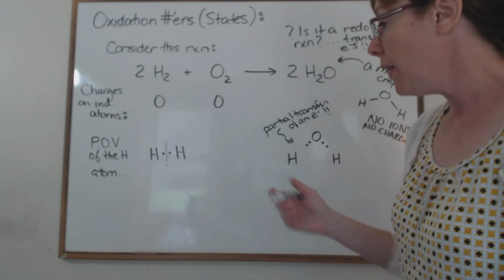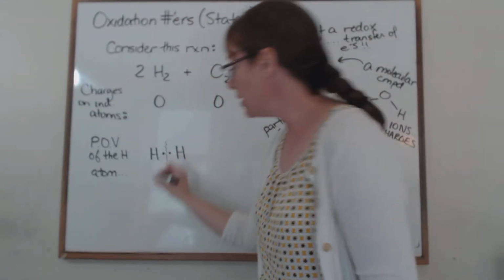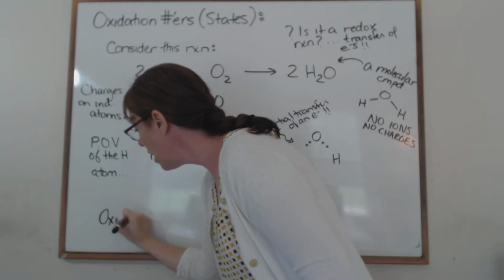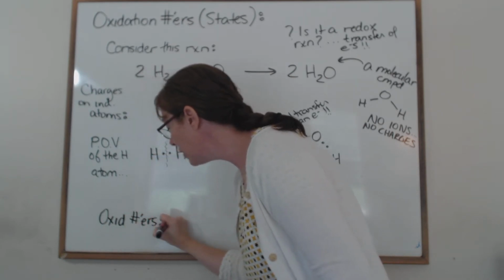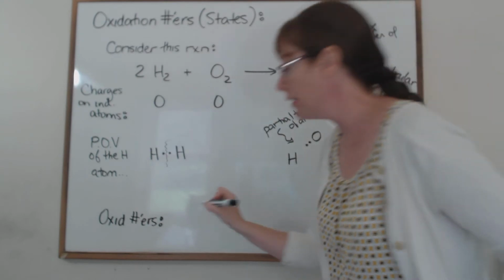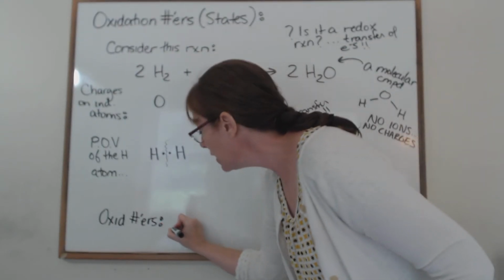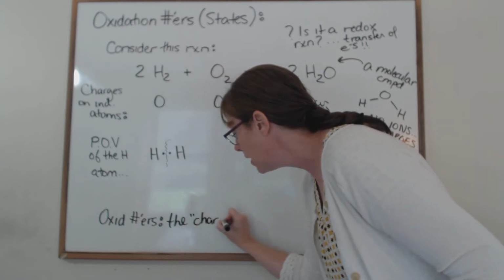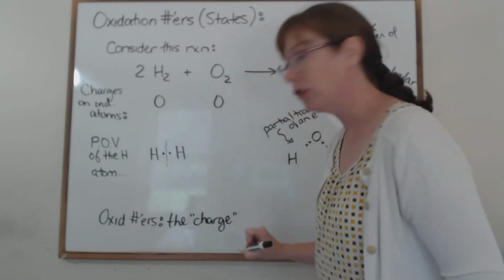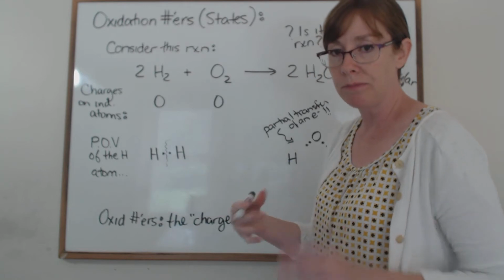Now, let's go ahead and explain what oxidation numbers are. Oxidation numbers are like an imaginary thing, but basically what they are is this. Oxidation numbers are the "charge," and I'm putting it in quotes because it's not actually an electric charge like +1, +2.